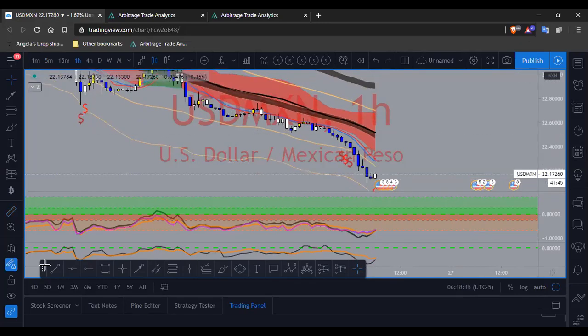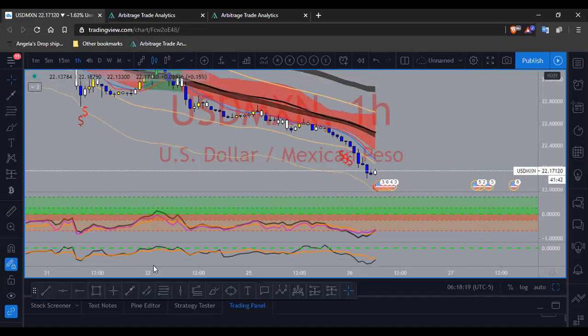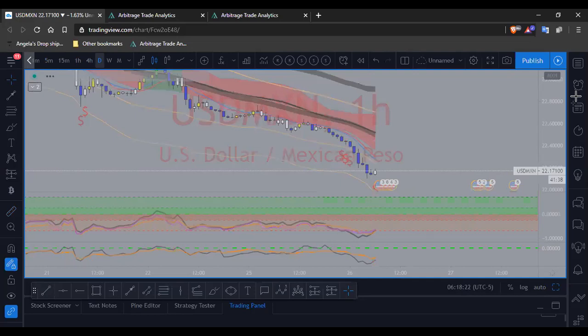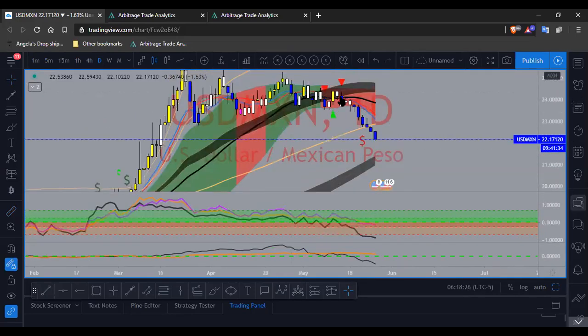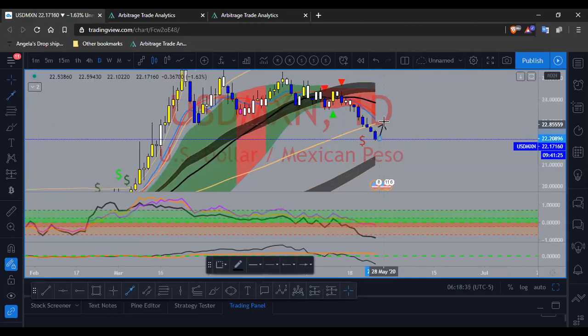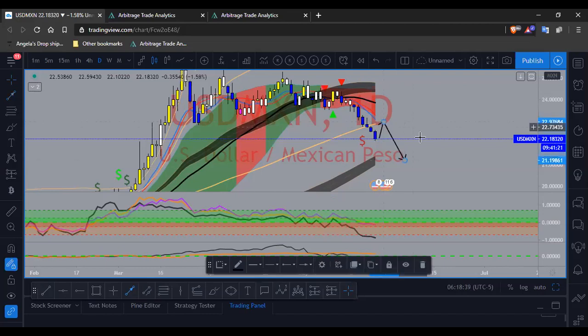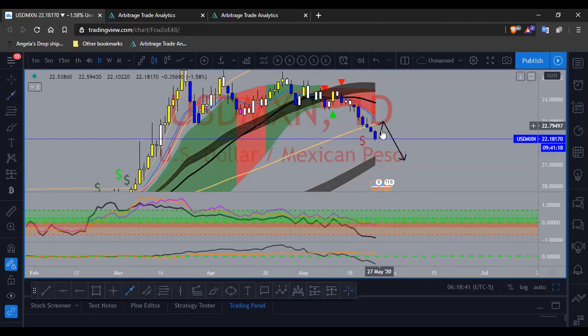But what you want to do is you always want to look at the daily time frame to see what the actual trend is before getting to these trades. And we can see that USD Mexican has just been selling. Now, ideally, on the daily time frame, I'd want price to come back up to retest this mean line before dropping some more. That might not happen, but that's just what I ideally would want to see, right?